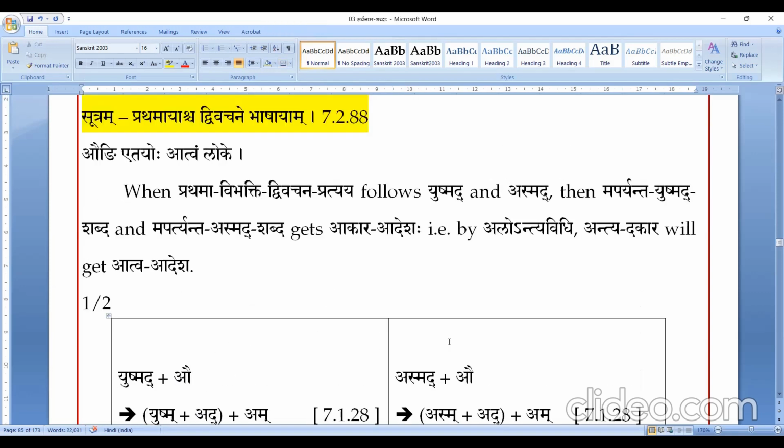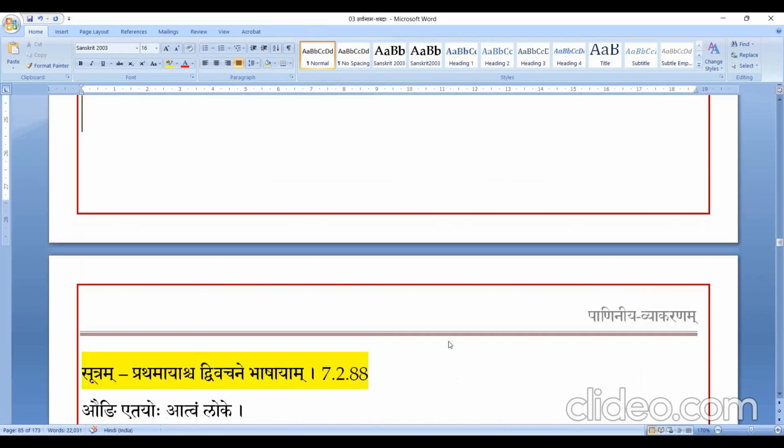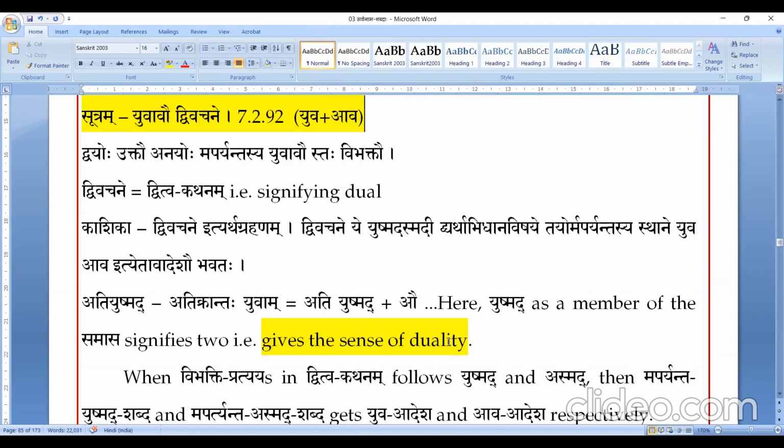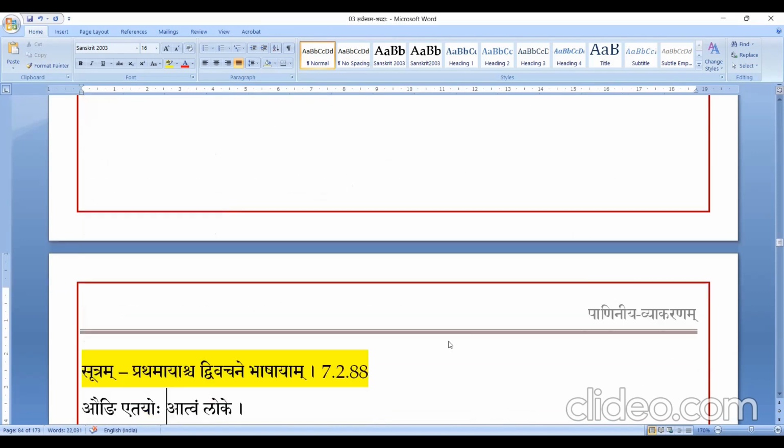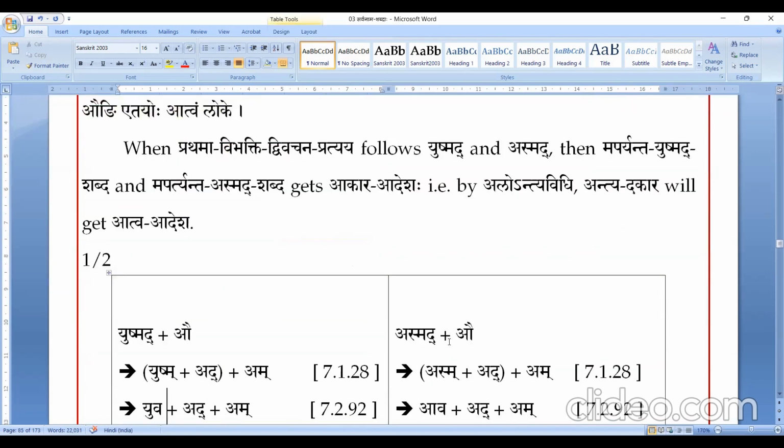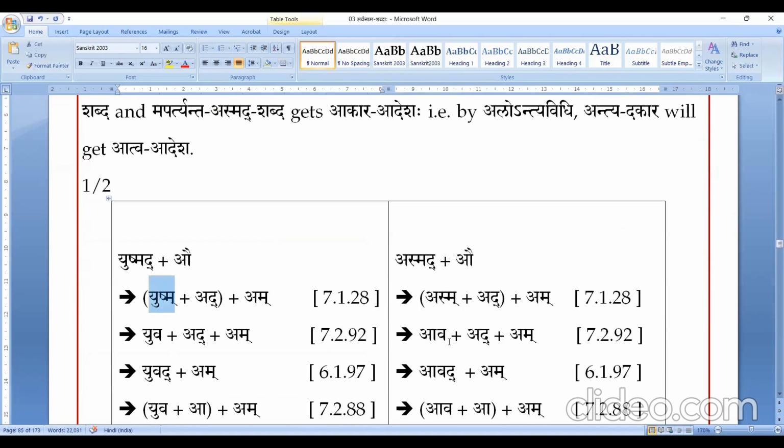When Dvivachana Vibhakti Pratyaya follows, Ma Paryantasya Yushmad Asmad will be replaced by Yuva and Ava respectively.